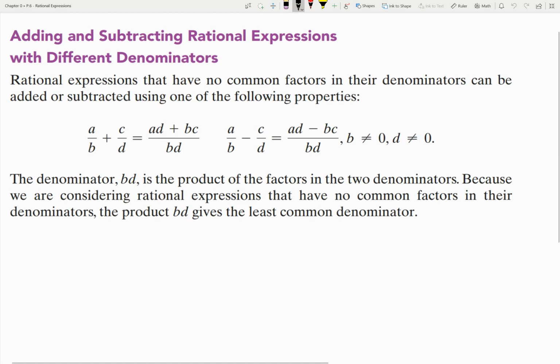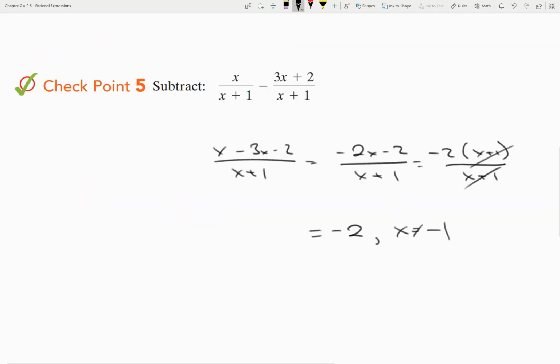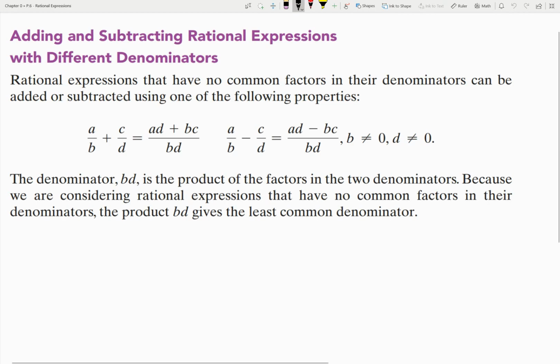It's not always going to happen that my denominators are exactly the same. So when we add or subtract rational expressions with different denominators, we have to find a common denominator. The easiest way to find a common denominator is to multiply the two denominators together. And because we're considering rational expressions that have no common factors, the product actually gives you the least common denominator.